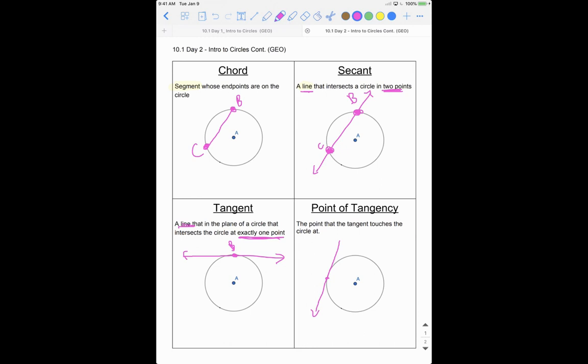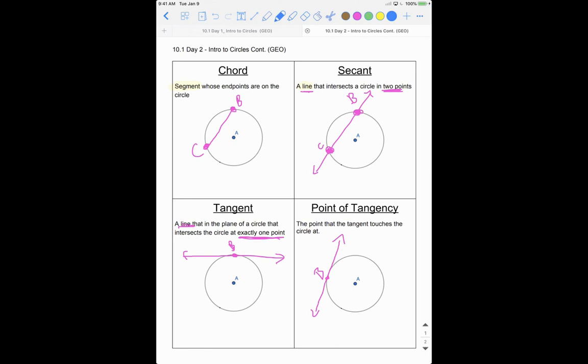Much better. Okay, so from here, we want to talk about this point B, right, where it crosses. That point B is called the point of tangency. And it's that one singular point where this tangent line crosses or intersects that outside rim of the circle, and that is our point of tangency.